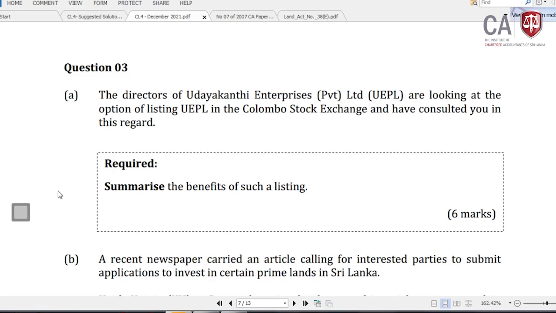Even foreigners will not want to invest in a private limited company not known to anyone. But if they want to find information, they can easily find information with regard to listed companies. You can do a Google search and find enough information about a listed company, more than about a private limited company.